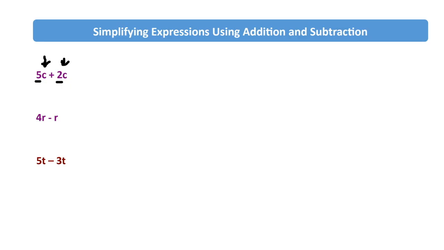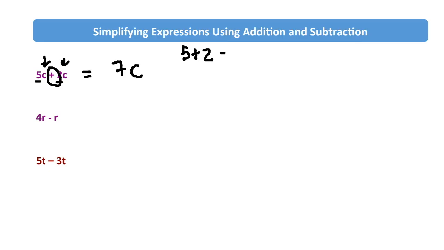So all we have to do is add the coefficients in front. So in your calculator, if this is something that you're not able to do in your head, that's totally fine. But for these examples, we have 5 plus 2, so we have 7c. So I'm taking the 5 and the 2, and I'm doing the operation it's telling me to do. So I did 5 plus 2, gave me that 7, and that gave me the 7c.